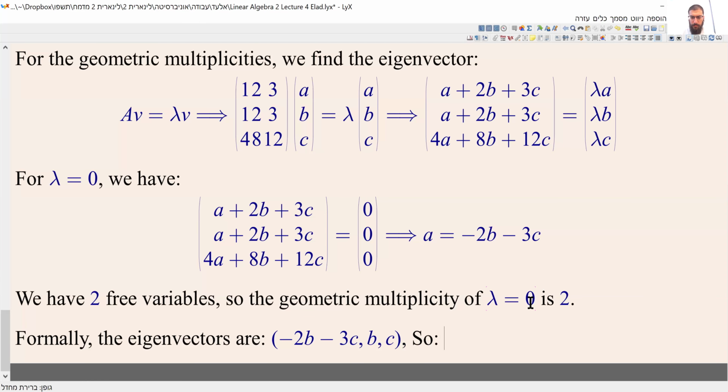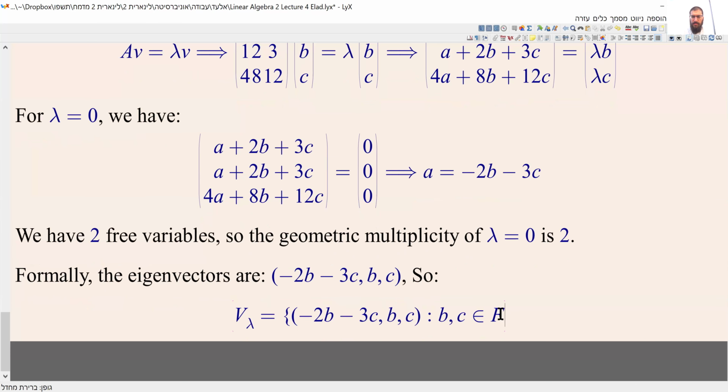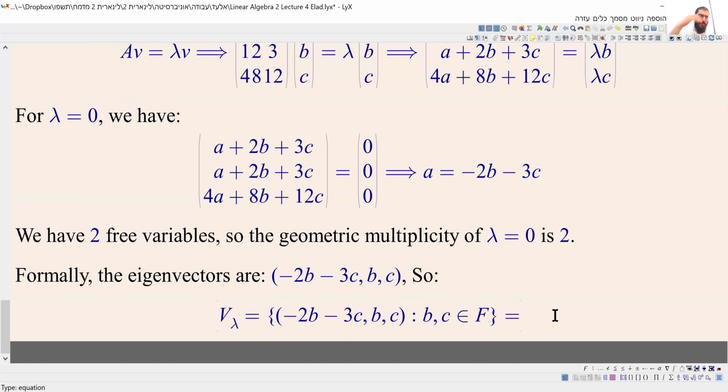So the eigenspace spanned by these eigenvectors, let me write it down clearly. B and C are from some field F. As I mentioned before, our default and our intuition or examples are mostly in R, the field of real numbers. If we want to write it down as a span, we use some tricks from linear algebra 1.